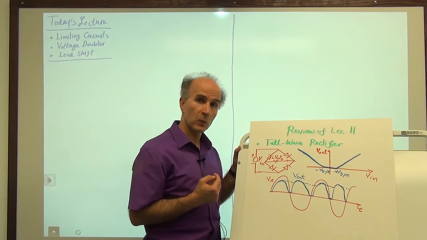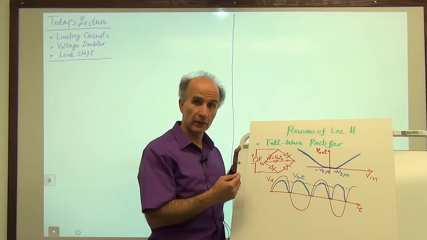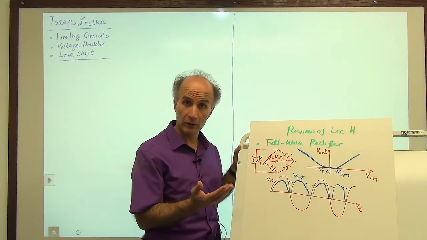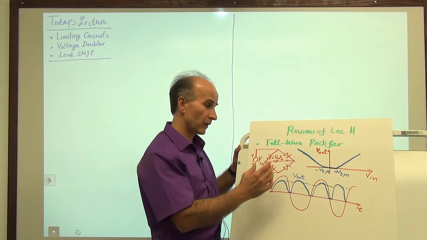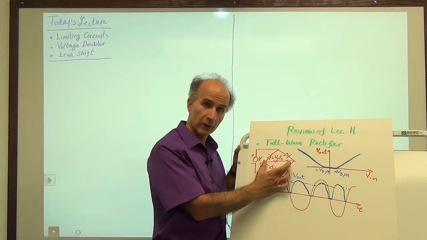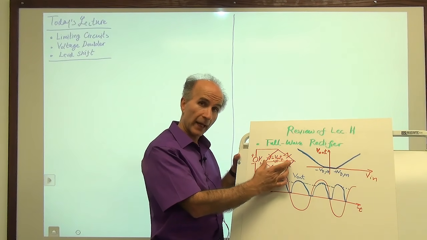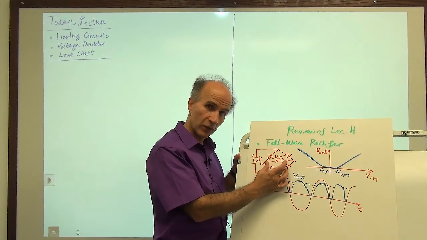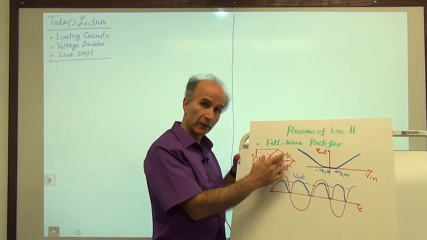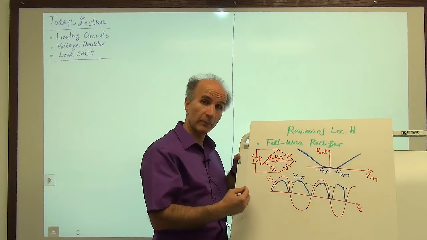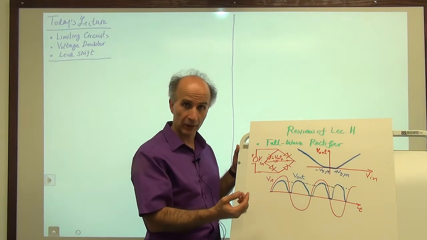Then we studied a case where the full wave rectifier is used in an adapter or a charger, where we actually have a capacitor at the output, a filtering or smoothing capacitor. And we also have some resistance which models the device that we are delivering power to, for example, a laptop.